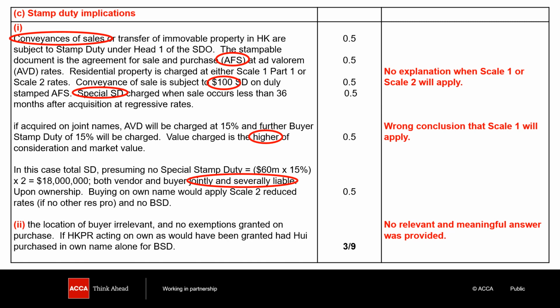Probably it appeared that this student lacked sufficient knowledge about stamp duty. He apparently has mixed up scale 1 with scale 2, leading to a wrong conclusion. But you can see that still he was able to gain some marks on the key points which were correctly mentioned here.